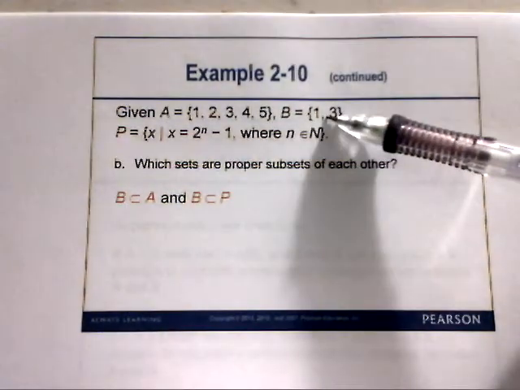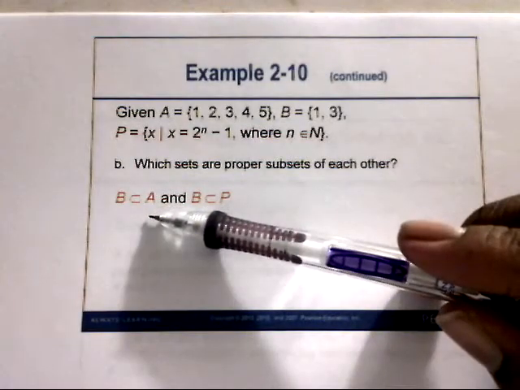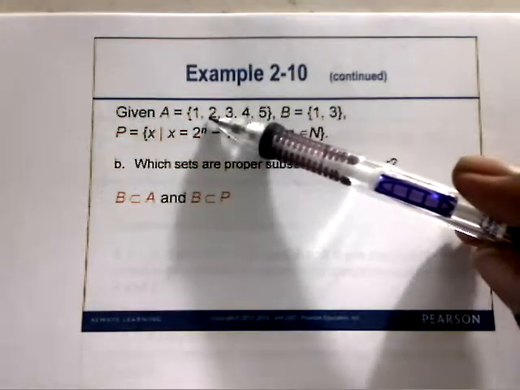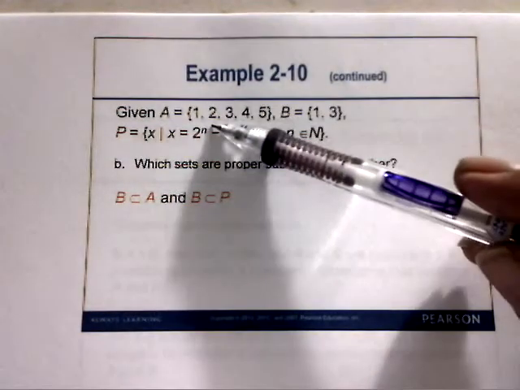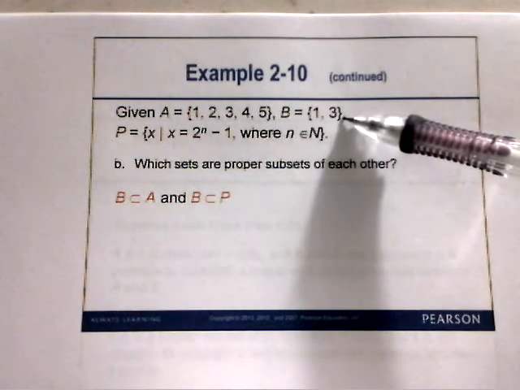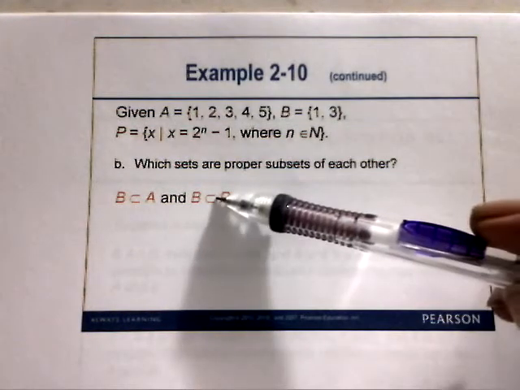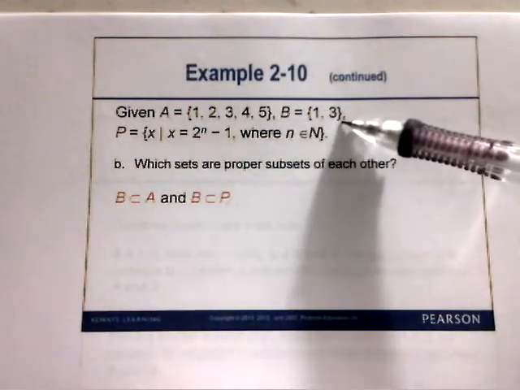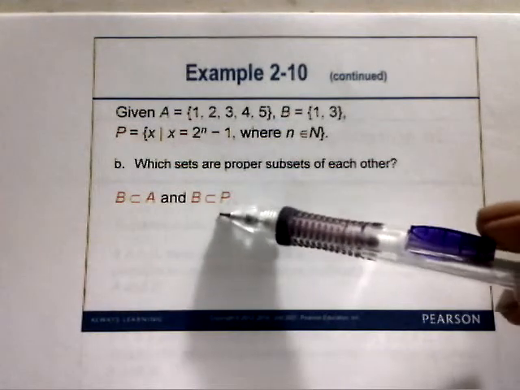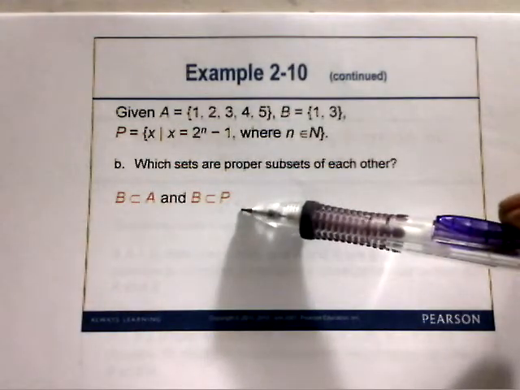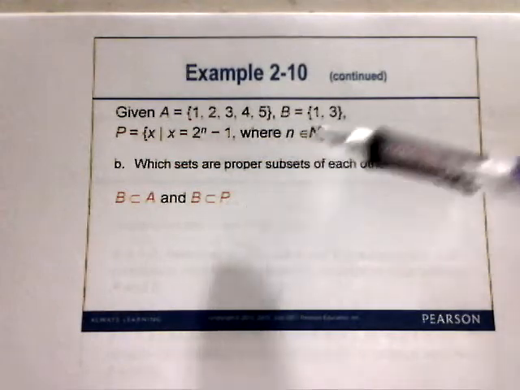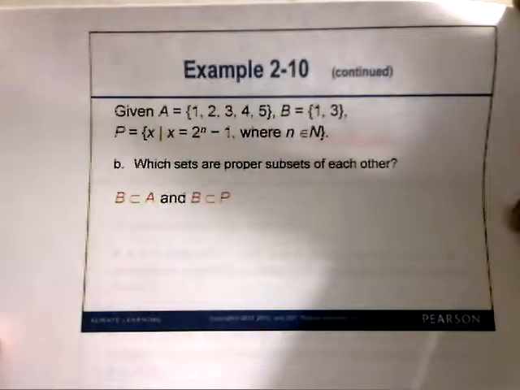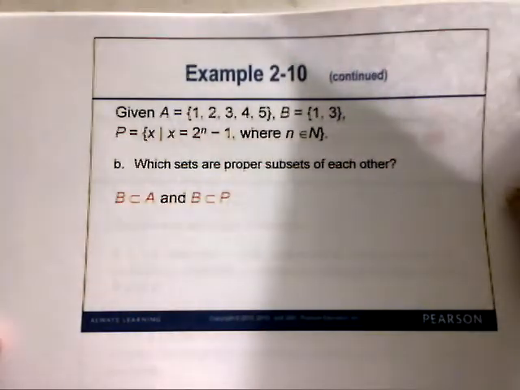In this case here, B is a proper subset of A, because I can find one element in A that is not in B, like 2 is not in set B. And also B is a proper subset of P, because only 1 and 3 are in set B. Now I can take an element out of P that's bigger than 3, but it's not in set B. So B will be a proper subset of P, and B is a proper subset of A.